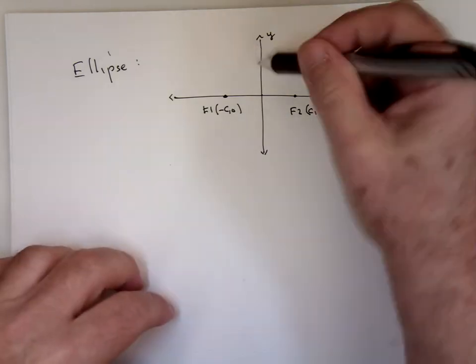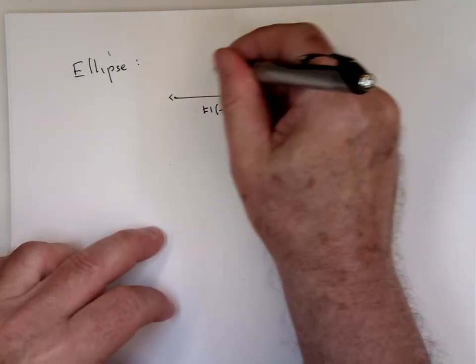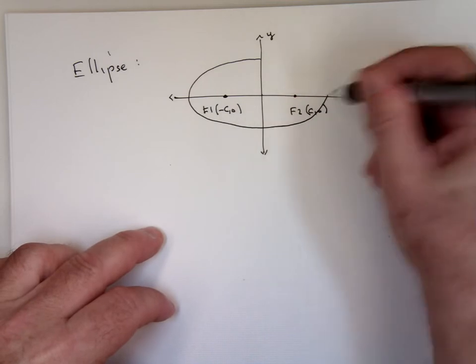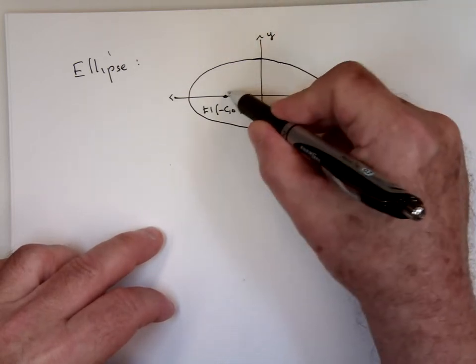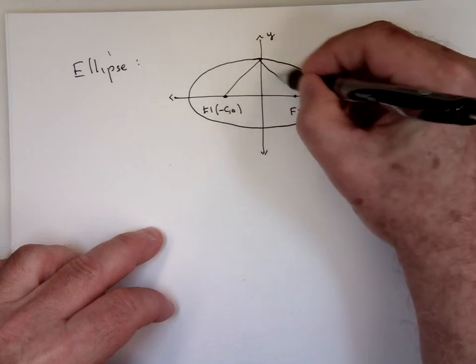So every point on this ellipse is such that the sum of these 2 distances is a constant.